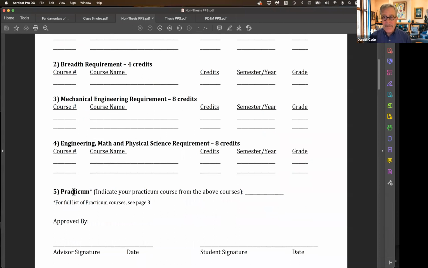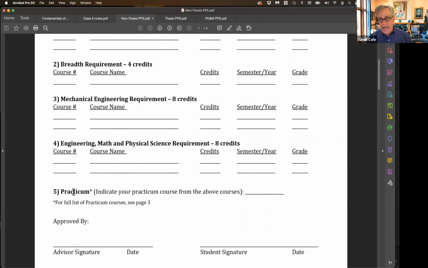This one here is just one of those 8. You just got to make sure that one of those 8 satisfies what we call a practicum. It was introduced by the provost, I don't know, maybe 5 years ago. My recording right now, I don't know if I said it, is in February of 2021. Maybe 5 years ago, the provost said, across all colleges, departments, every master's program should have a practicum.